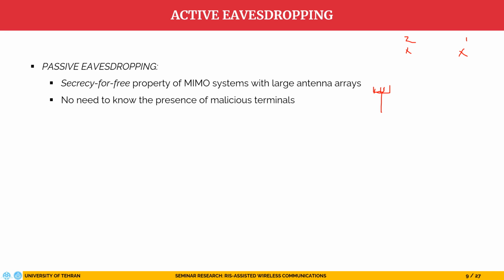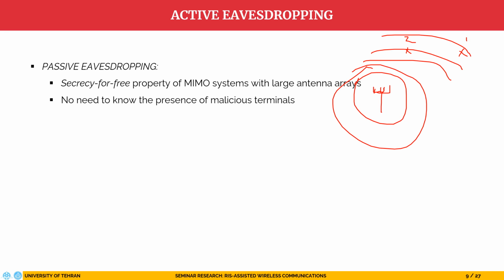Previous to MIMO technology, the base station radiated the intended signal for user 1 in 360 degrees. It was omnidirectional antennas which radiated the signal in all directions.